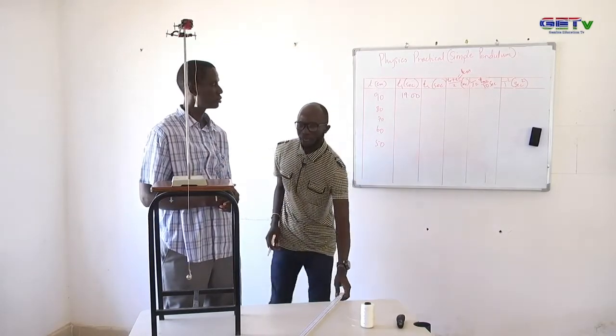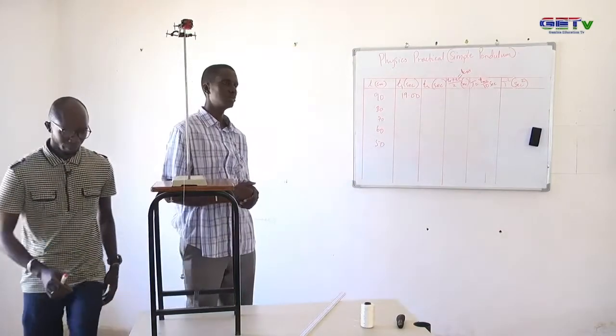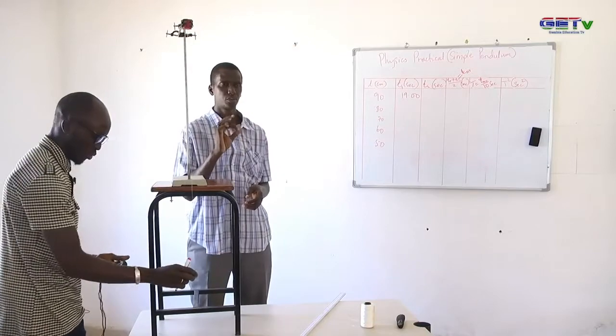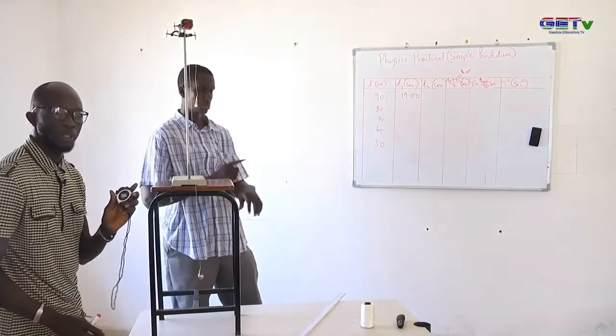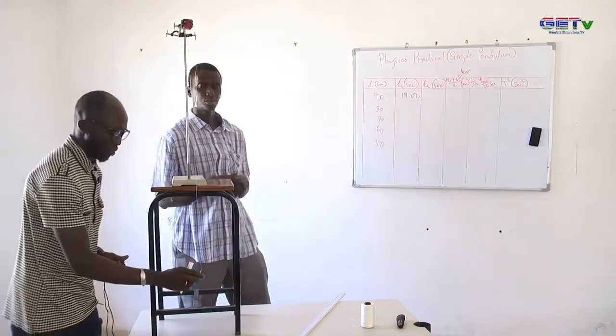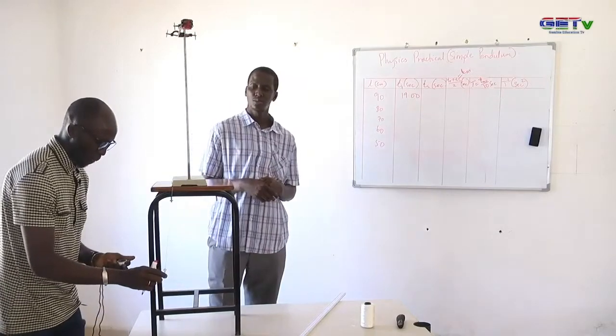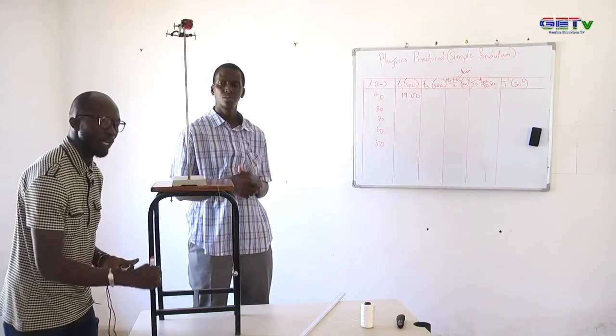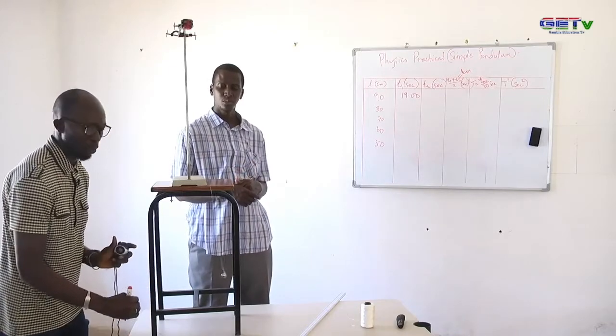So now let's go ahead and do our second value for t, T2. You must make sure you reset your stopwatch. Now that we have reset our stopwatch, we will do another one. I will wait until it comes here, and then I'll punch my stopwatch, right?